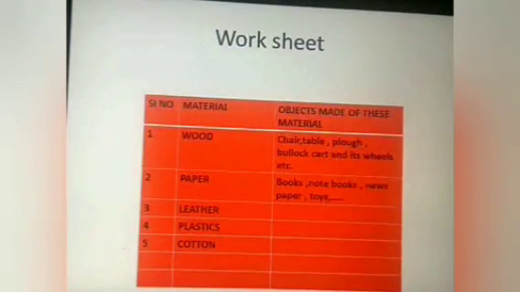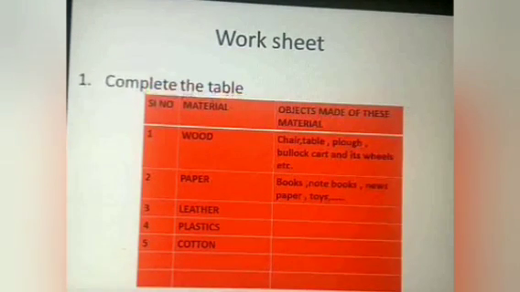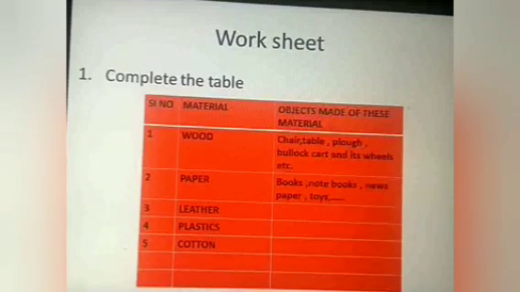Worksheet. Complete the table. Here some materials are given and objects made of these materials are also given. So complete the table from the third item onwards, that is leather, plastic, cotton. You can add some more materials and fill in the objects made of these materials also.